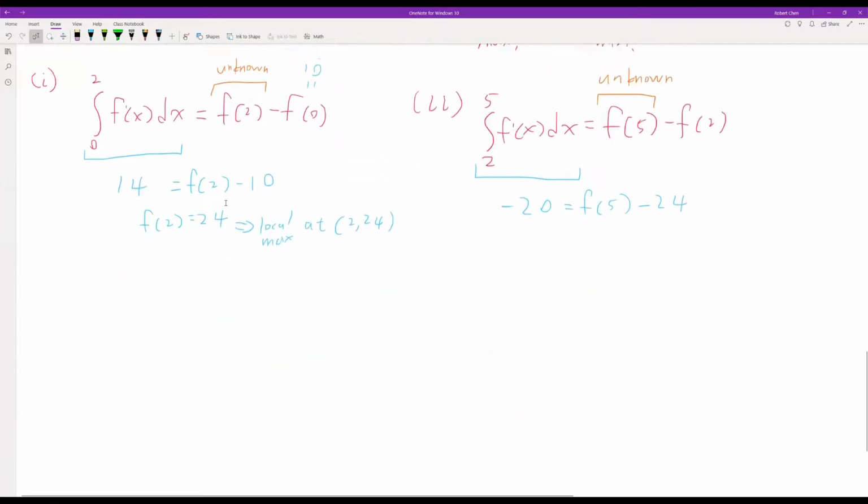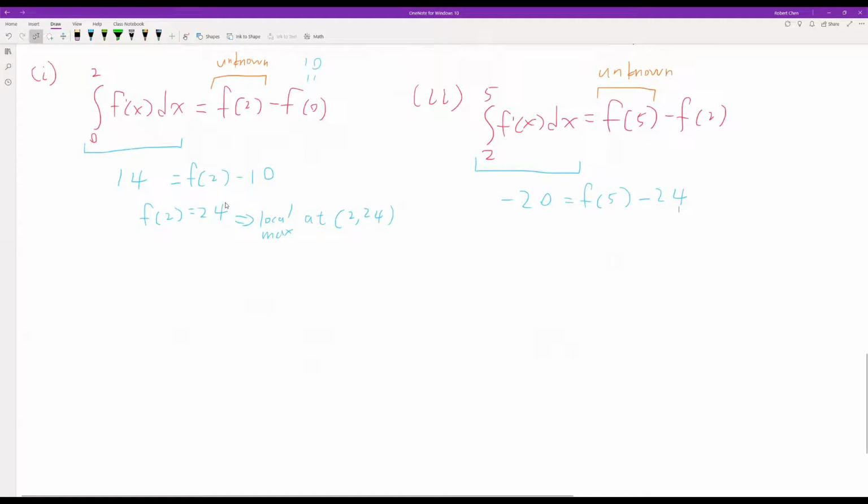Let's go ahead and add the 24 to the left-hand side, and we have f of 5 is equal to 4. And that is our local min at x equal to 5.